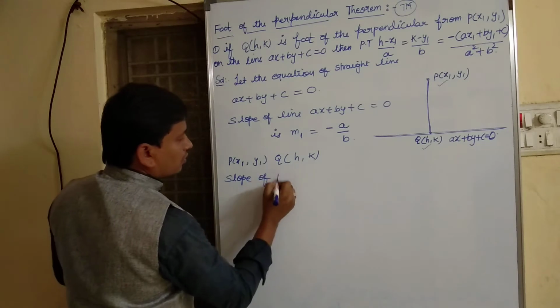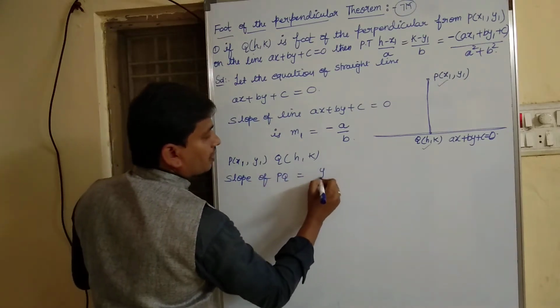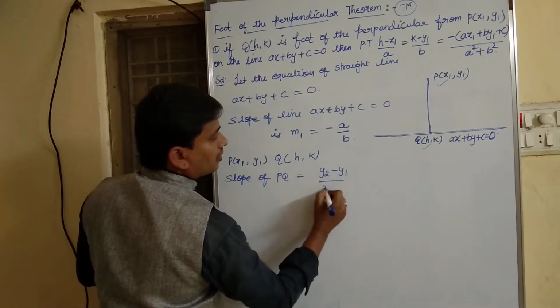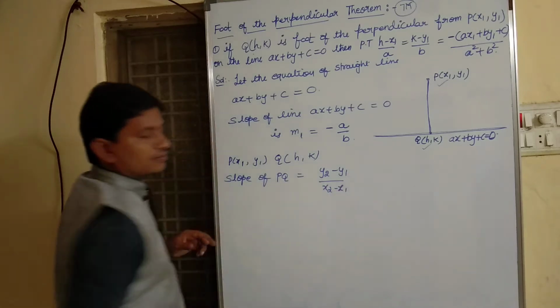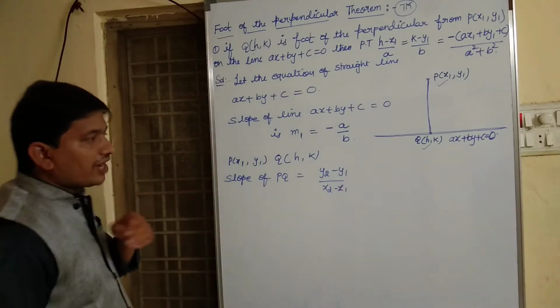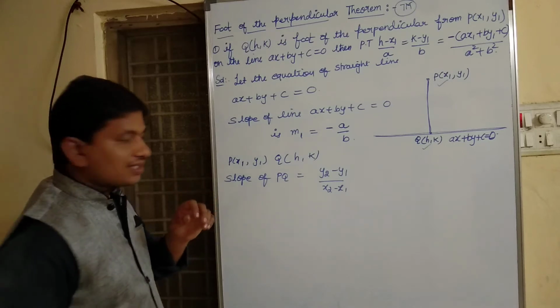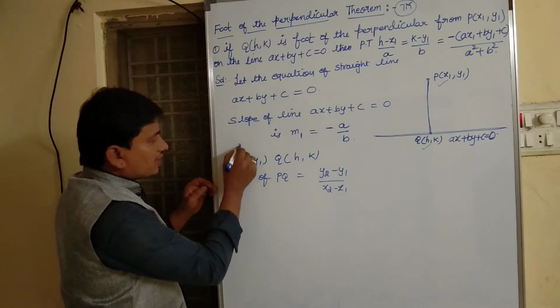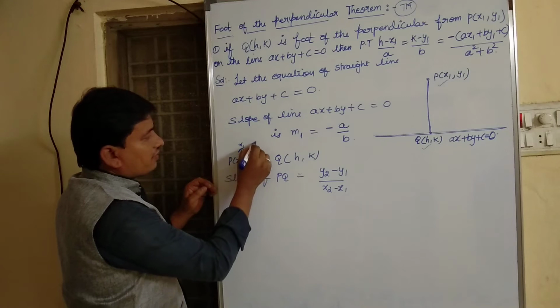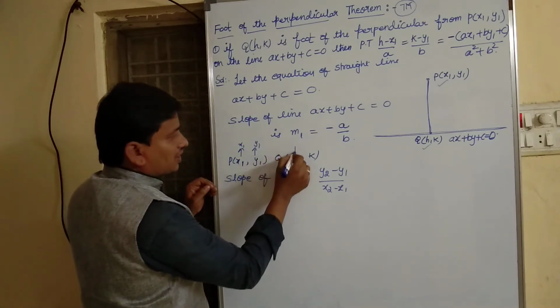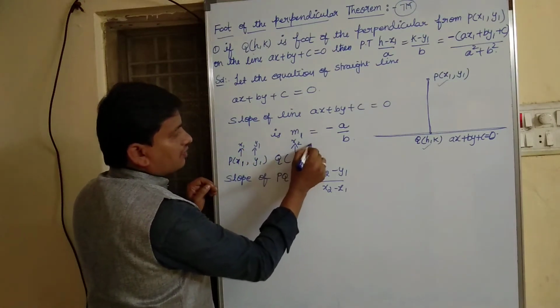Slope of PQ, we have the formula y2 minus y1 by x2 minus x1. Children, this is our x1 and this is our y1. See, this is our x2 and this is our y2.